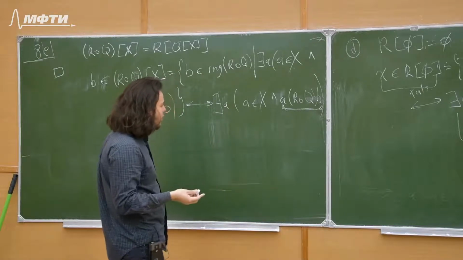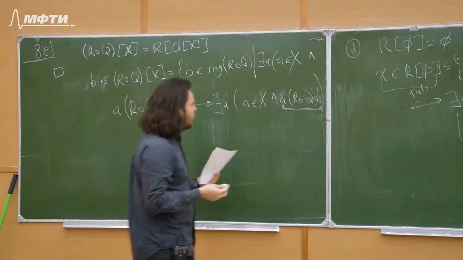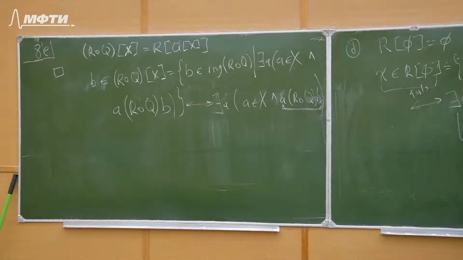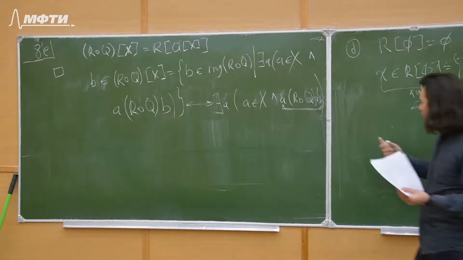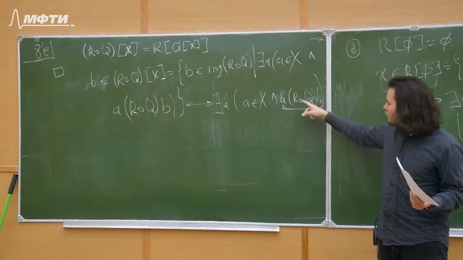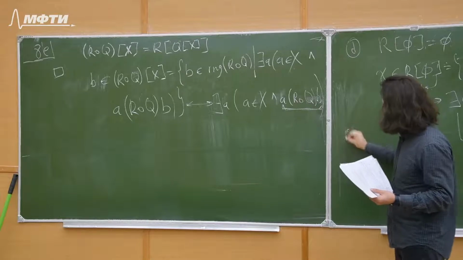So again, when we have a composition of two binary relations, AB belongs to R composition Q. Let me draw that here again.